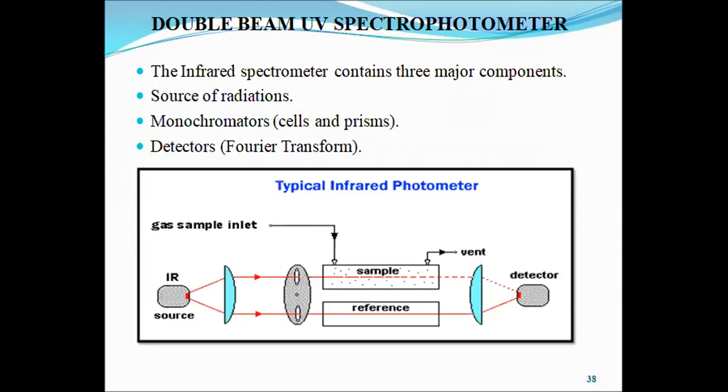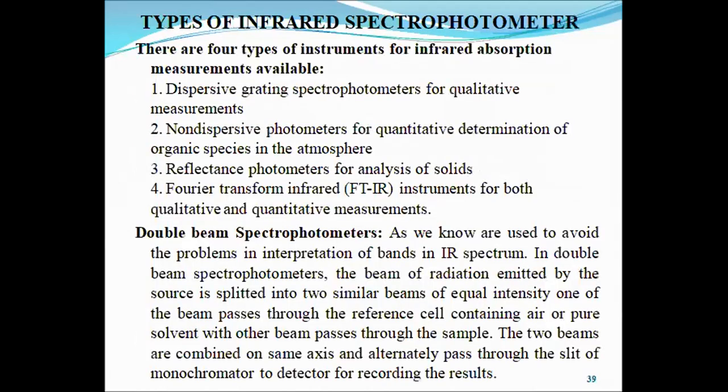Mostly the spectrophotometer contains three major parts: source of radiation, monochromators, for example, cells and prism, and detectors. There are four types of infrared spectrophotometers. First, dispersive grating spectrophotometers, which are used for qualitative measurements.